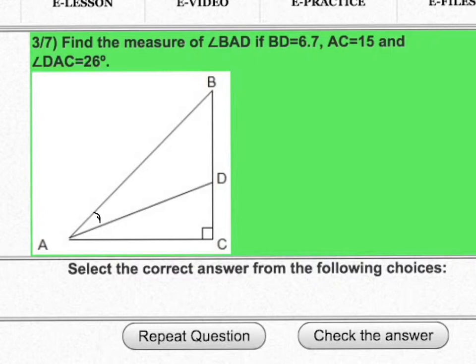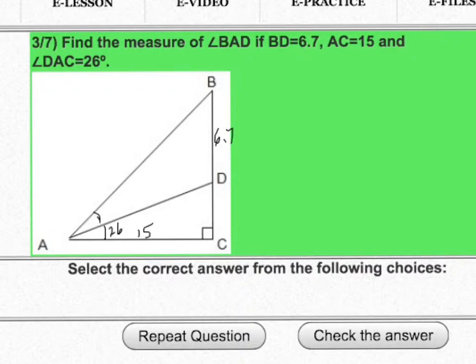We know that BD is 6.7, so this is 6.7. AC is 15, so this is 15. And also we know DAC is 26, so this is 26. So go ahead, see if you can find the angle BAD.